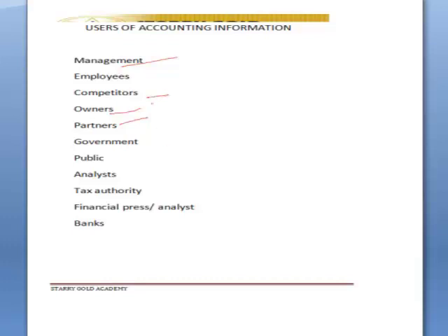Competitors are external users. Government is also an external user. Government is interested in the financial statement of a company or of a reporting entity through its agencies, like the internal revenue, like the state's inland revenue services, like the government economic agencies or planners.